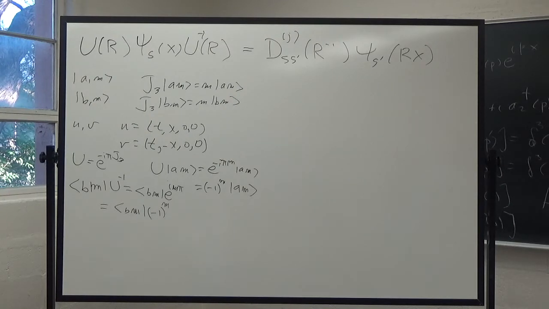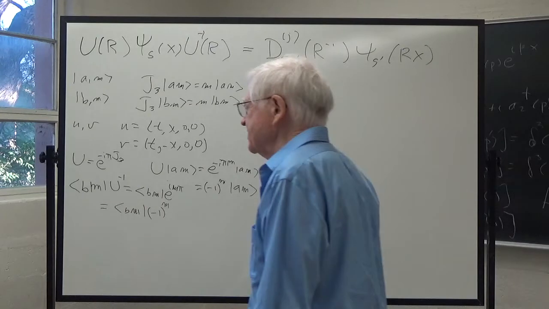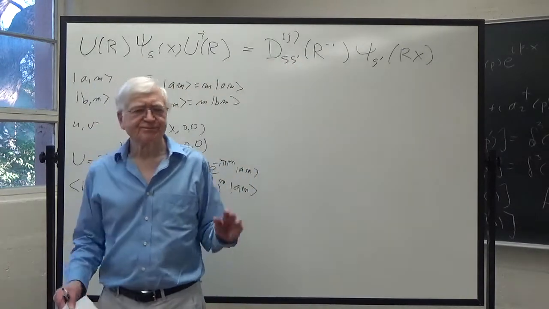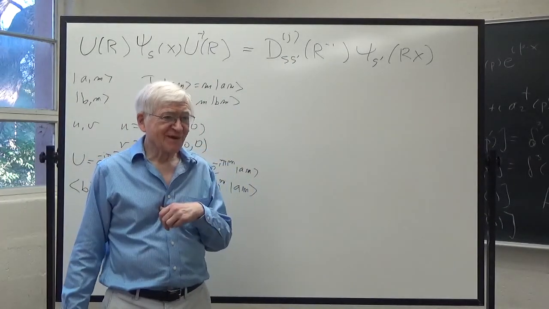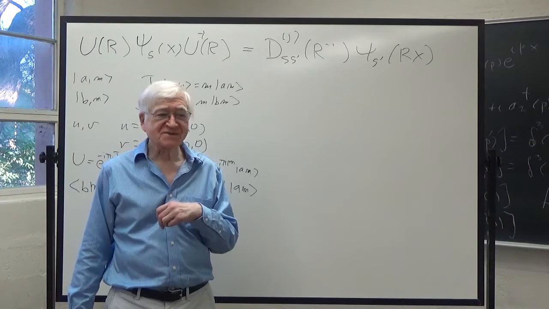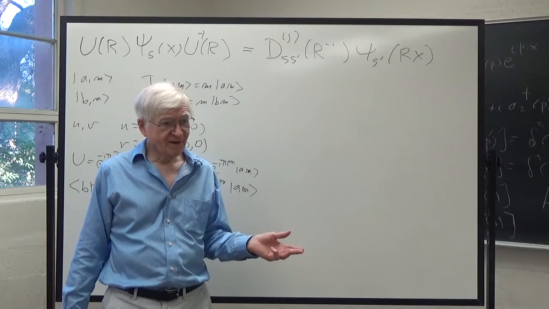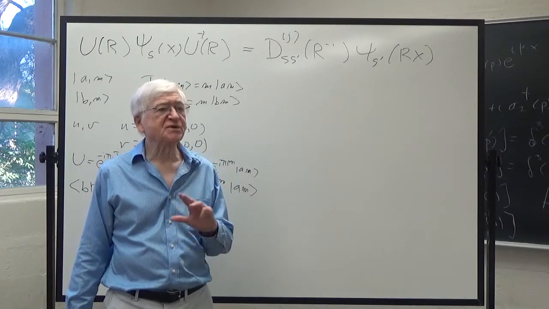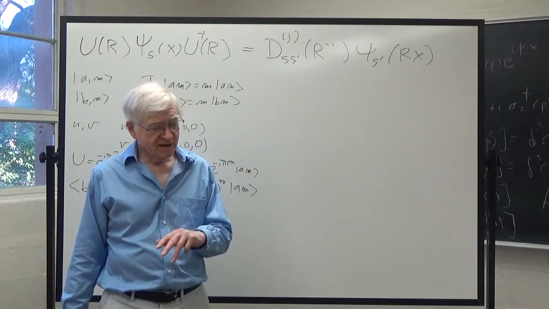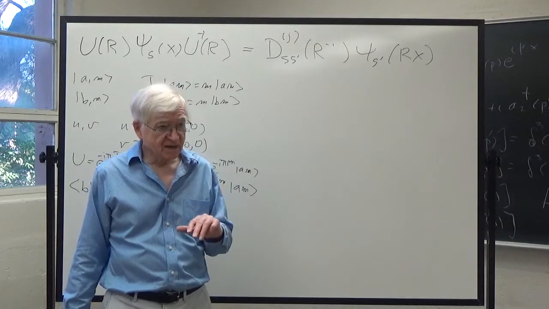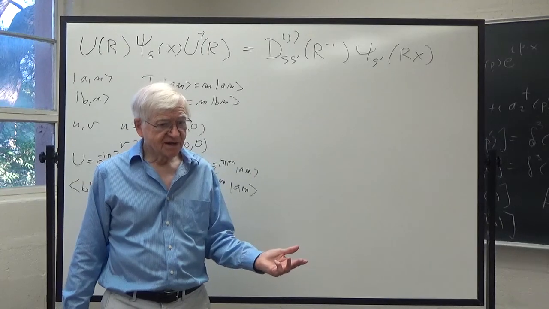Okay. So this is sort of a poor man's, me being the poor man, a poor man's spin and statistics theorem. It establishes the connection between rotation and between spin and statistics.